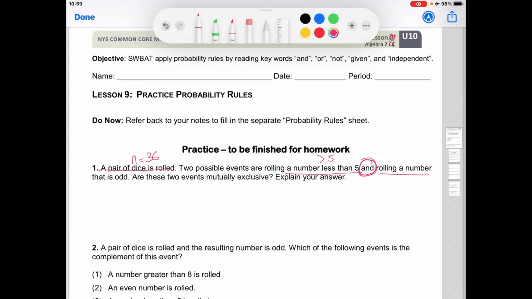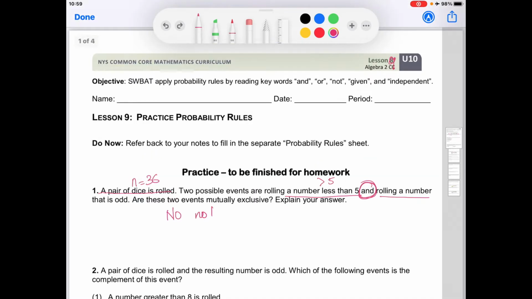So these events are not mutually exclusive, because they can happen at the same time.